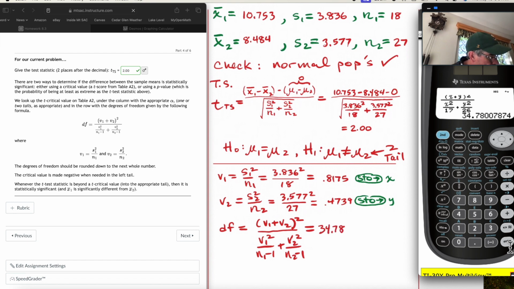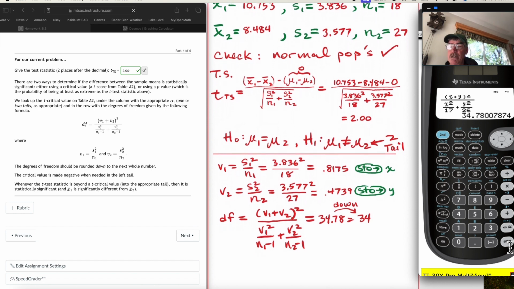We have to round this down. First time we've ever done that. Those are the rules. So we take this to 34. It makes it a little harder rather than easier to reject the null hypothesis by doing that. And unfortunately, if you're trying to prove things, you don't ever want to make it easier than what you say. So we have to make it harder.